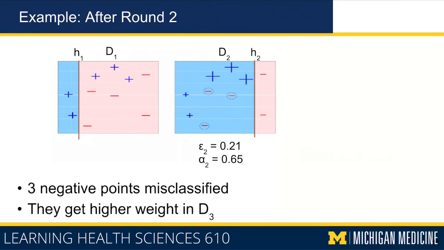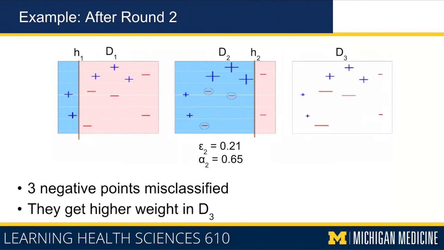So the error 2 is not 0.3 now, even if it has made mistakes only on 3 instances, but it is lower than that because they came into this dataset D2 with lower weights, right? So each one was 0.7 because they were correctly classified the first time, and so the overall error here is 0.21. Okay, so then using the same algorithm, we have weight alpha 2 that you created for this classifier H2.